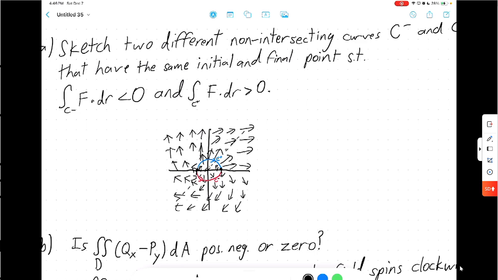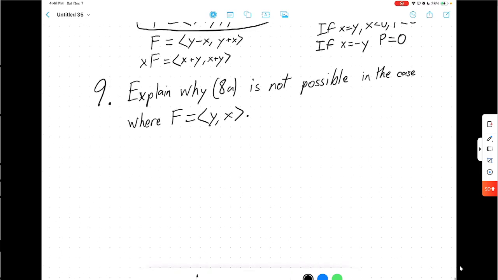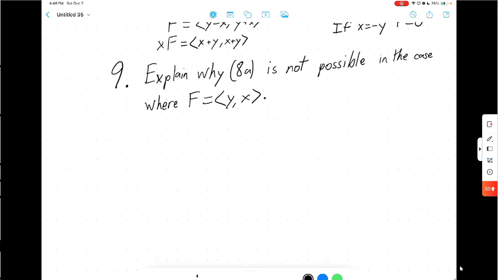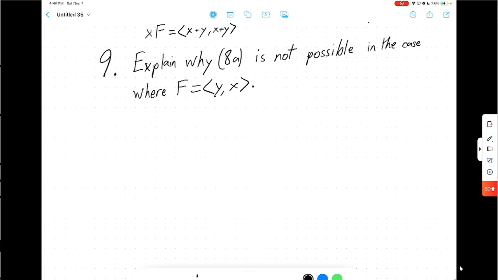I think it's because you wouldn't get the same 2 points. Is it rotation? Yeah, irrotational, because it's irrotational and you're not going to get a curve that does it.